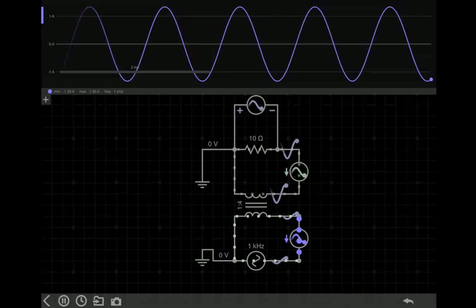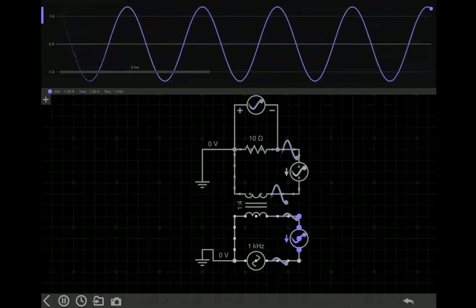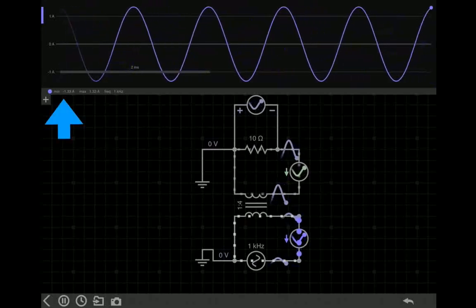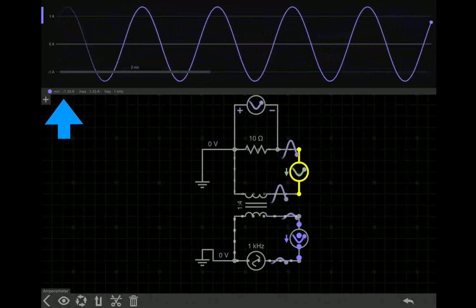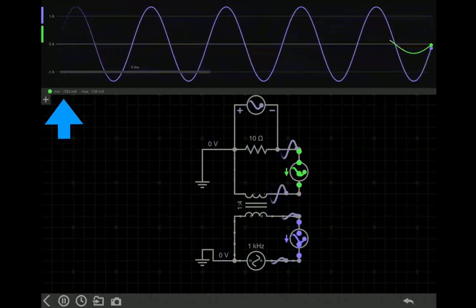We have our ideal step-up transformer at a ratio of 1 to 4. Now we load a 10 ohm resistor in the secondary coil. We see that the max current is 1.33 amps in our primary. This is indicated in purple.